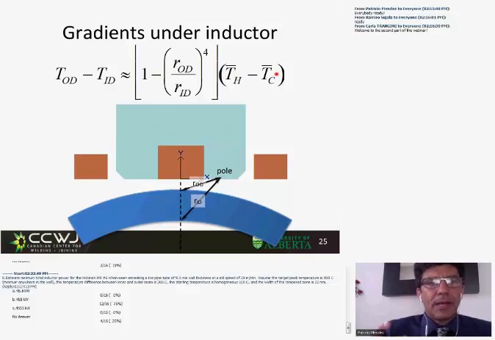This is related to the power we're putting in, and related to this radius, this distance ROD. It's not clear here, but ROD is from here to here, from the pole to the OD, divided by the distance from the pole to the ID, and raised to the fourth power, because it was twice a square.